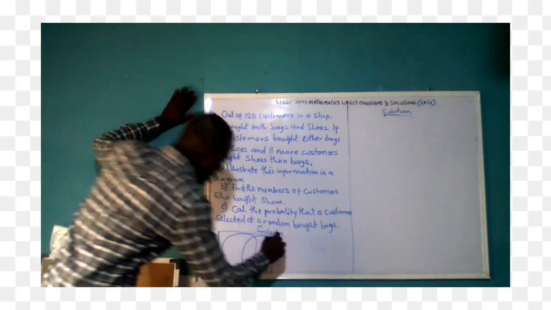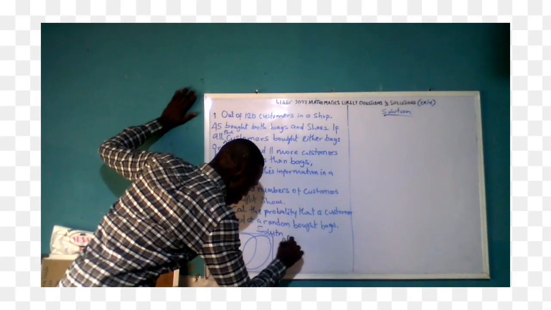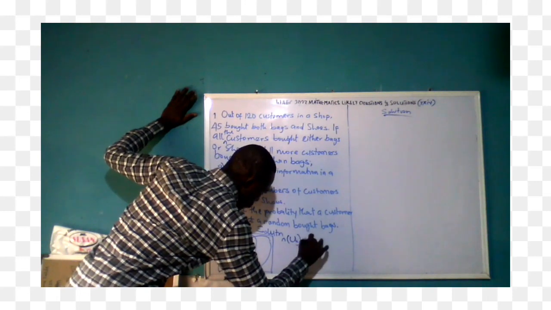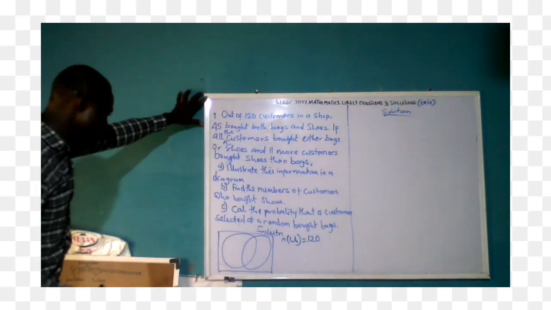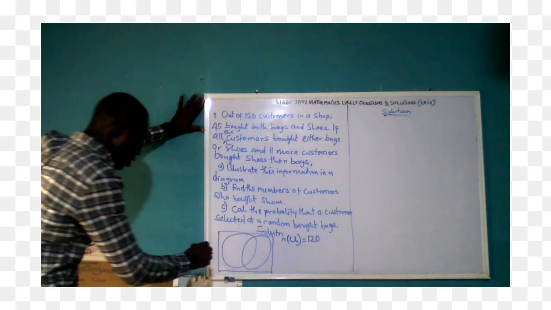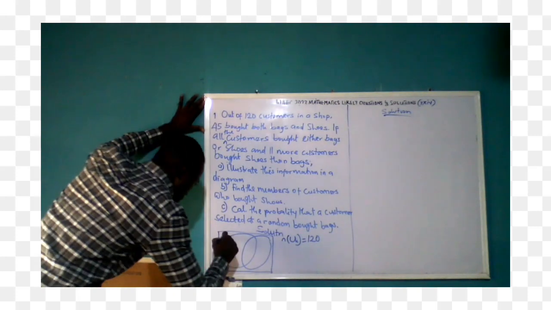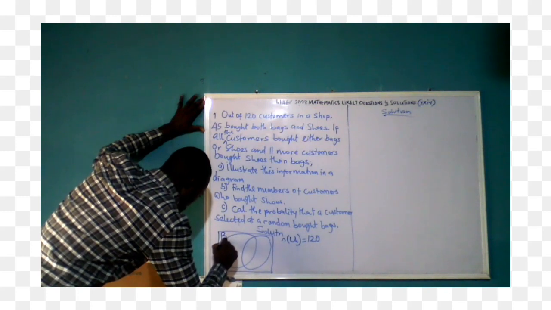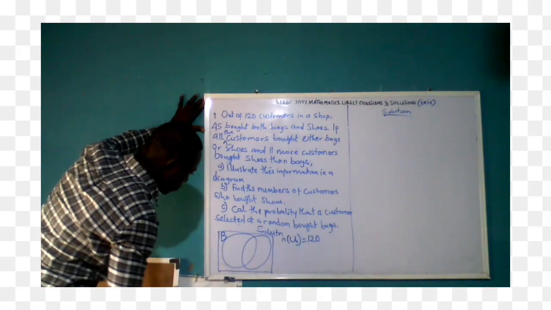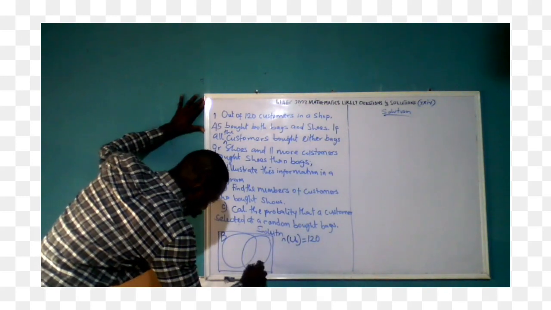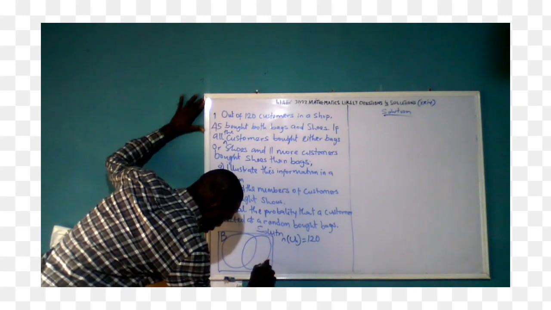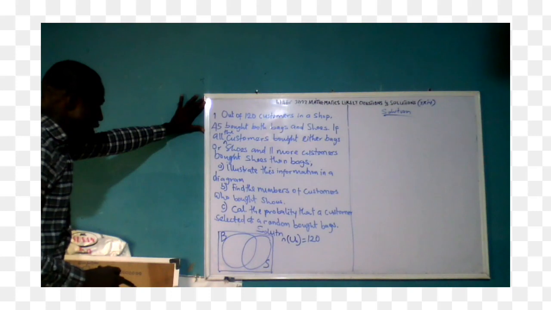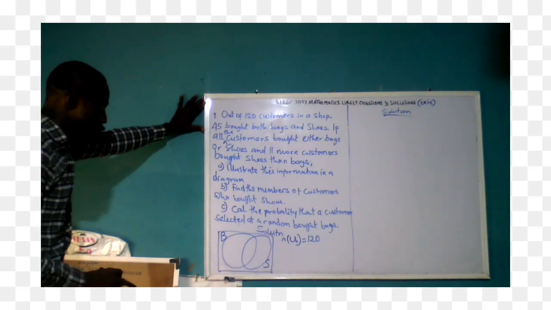From the question, the number of the universal set, which is denoted as n of U, is equal to 120. Let's label this circle: let this be those that bought bags, which will be represented by capital letter B, and those that bought shoes, let them be represented by capital letter S. Now, from the question, we are told that 45 bought both bags and shoes.